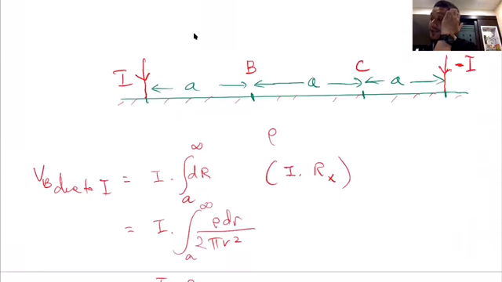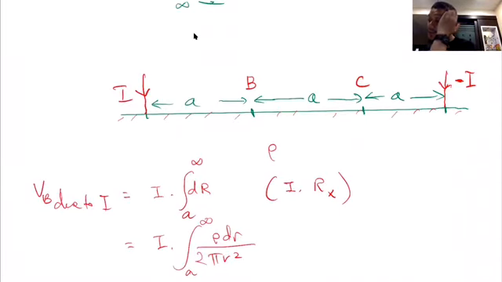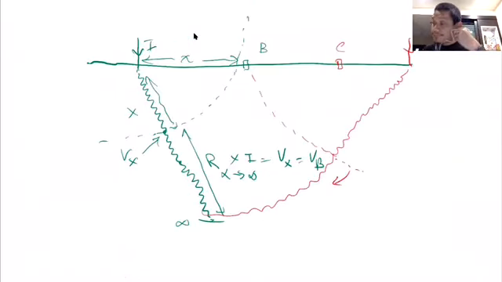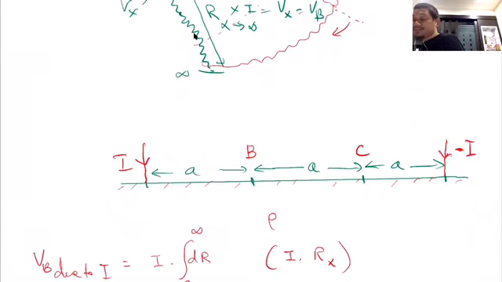So remember, C now is here. C from A is like this, and C from minus I is like this. So you know how the distances are.